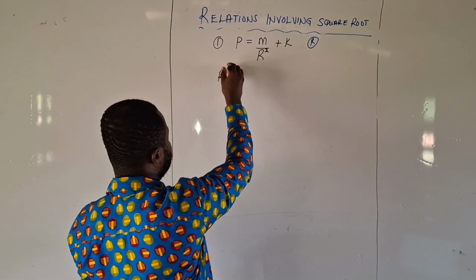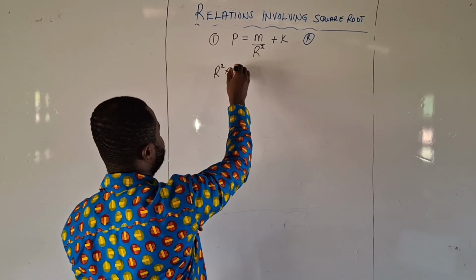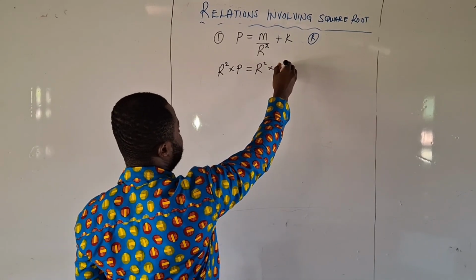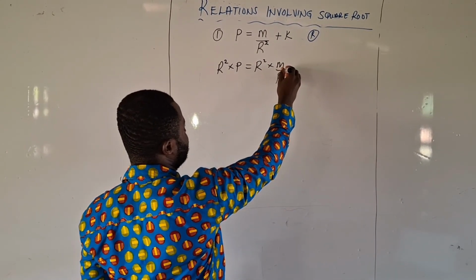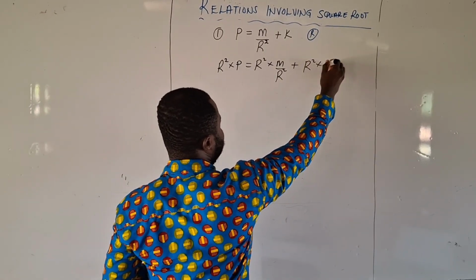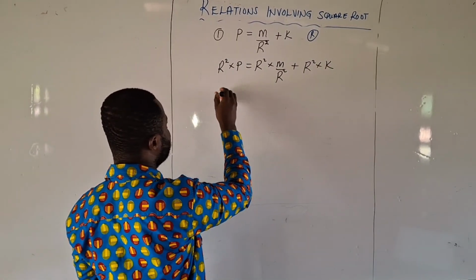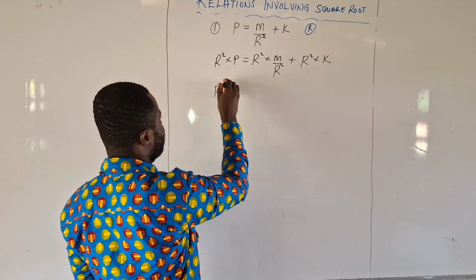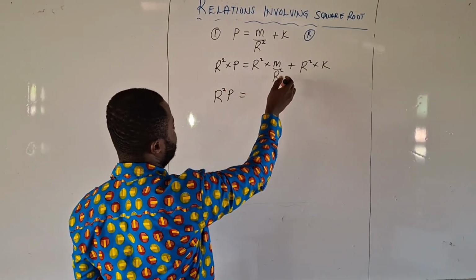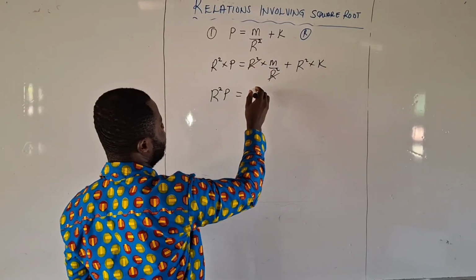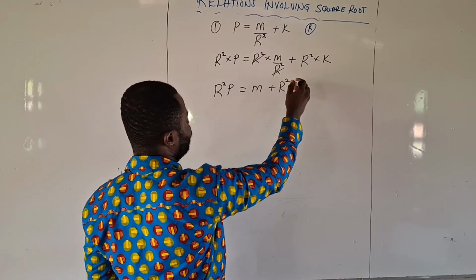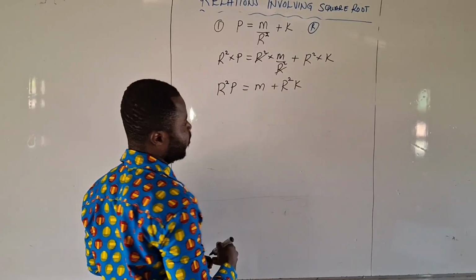So we have R squared times P is equal to R squared times M over R squared plus R squared times K. Now in having this, we have R squared P is equal to, now this would cancel this, now we have M plus R squared K.